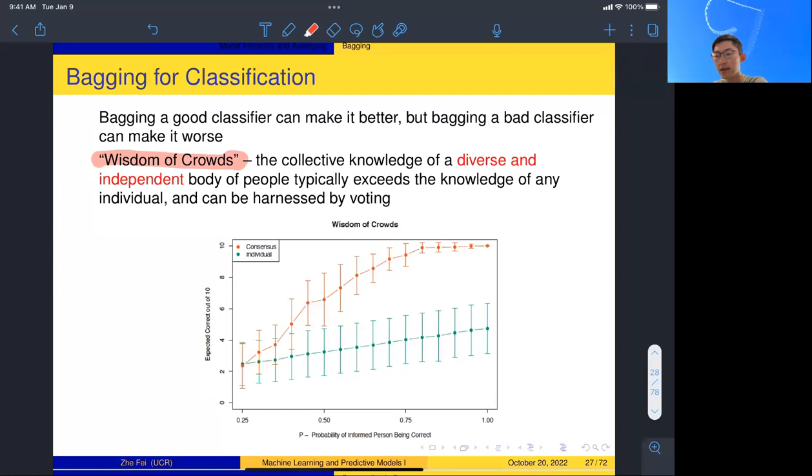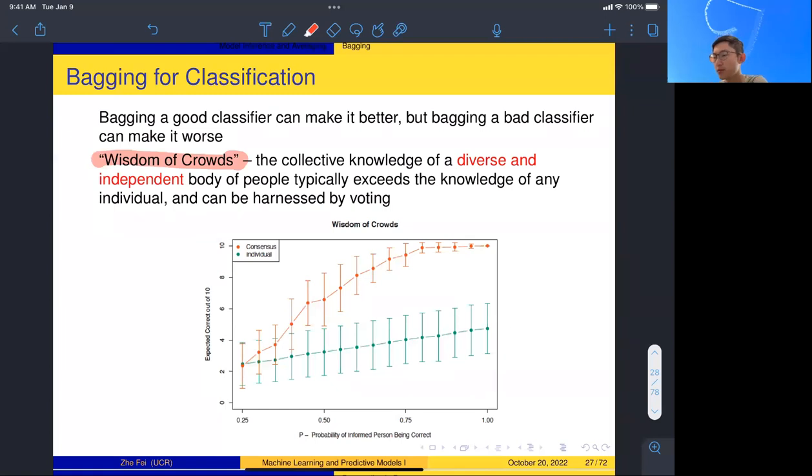The bagging effect is reflected in this wisdom of crowds, that when we have a consensus from individual opinions, we might achieve better prediction, like if you want to make a decision in real life.